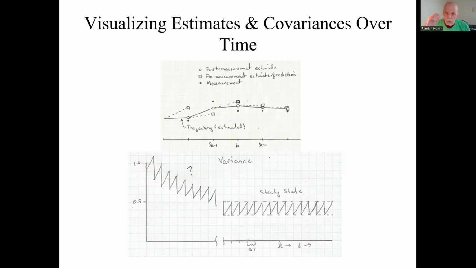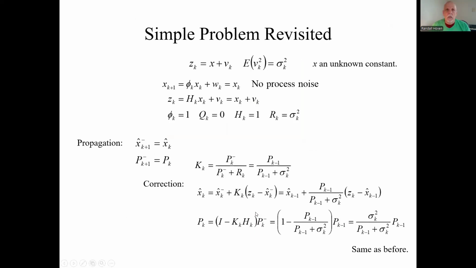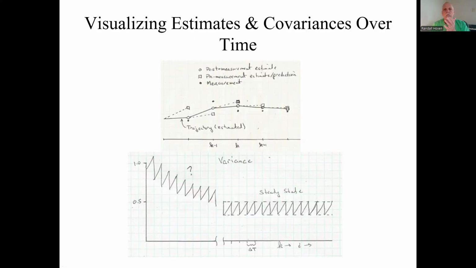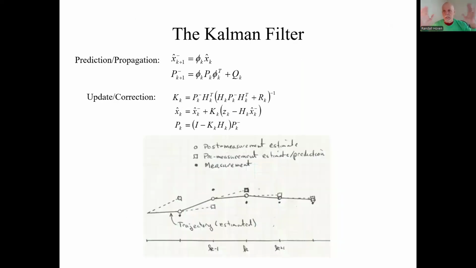We bring down our error, the covariance of our error. And hopefully it just keeps going down, and it might reach a steady state, depending. Well, if all our matrices are constants, it should reach a steady state unless things get worse and worse. But this is kind of what goes on with the variance. This was the state, and this is the variance. So that is the Kalman filter.